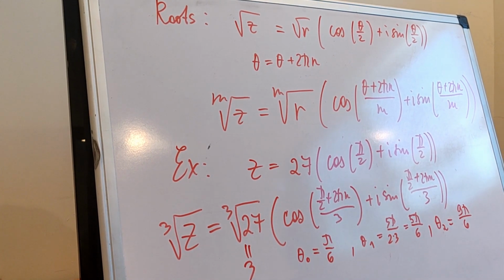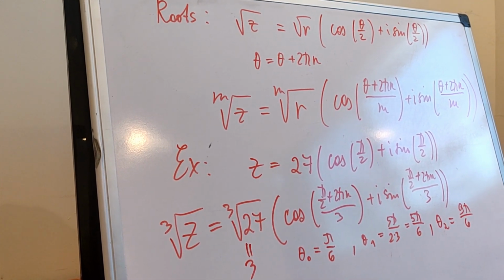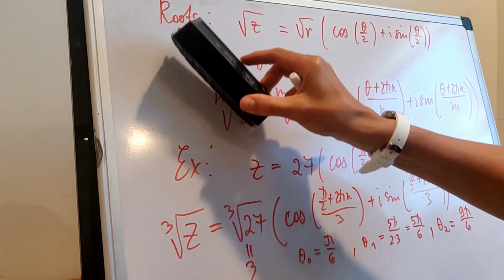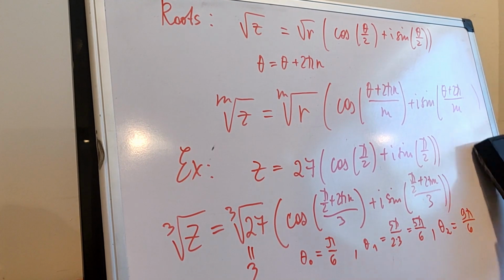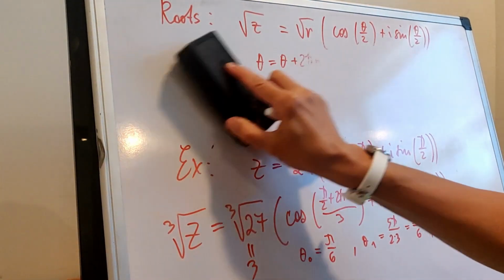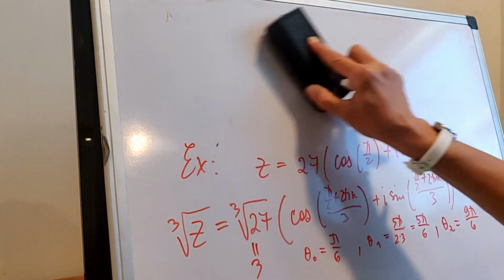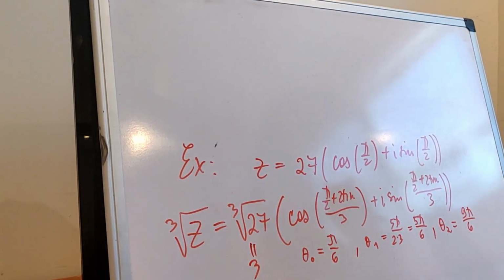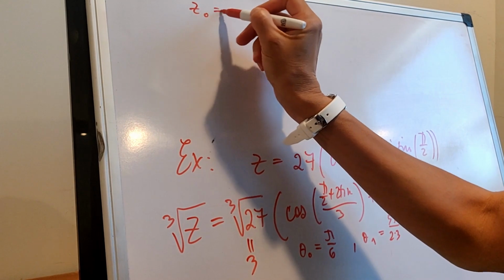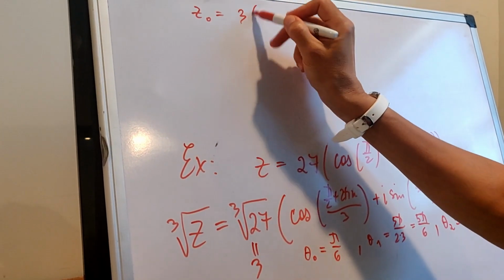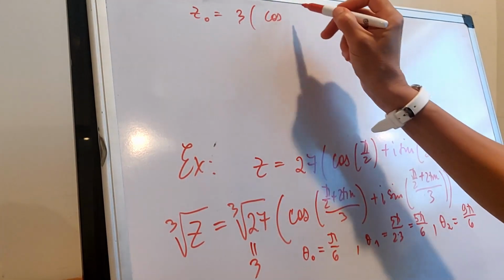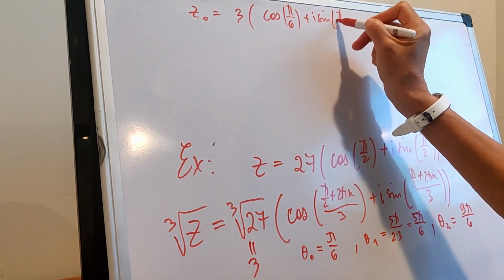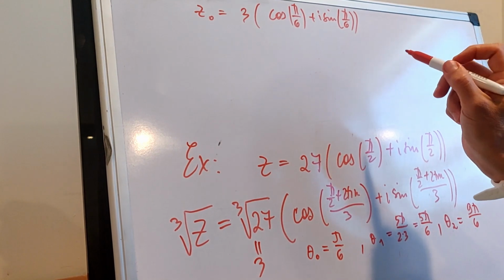Now I'm going to write down 3 different complex numbers which correspond to this cubic root. All I need to do, guys, is erase the formula. I'm hoping that everyone did copy the formula and looked at it long enough to remember it. Well, you can always go back to the formula and look at it one more time. So z0, I'm going to copy my r and then write down cosine of my first angle, pi over 6, plus i sine of pi over 6.